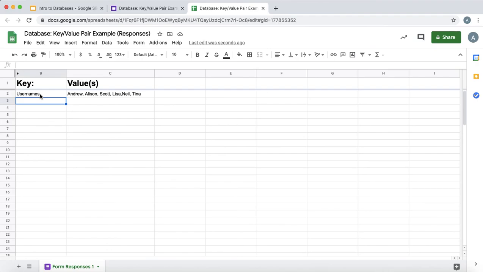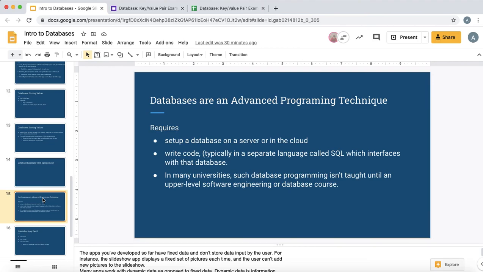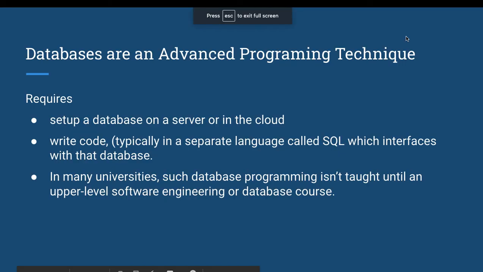You can imagine if I had a big list of a lot of different keys and a lot of different values, it'd be valuable information, but how I would find it would be through the key.